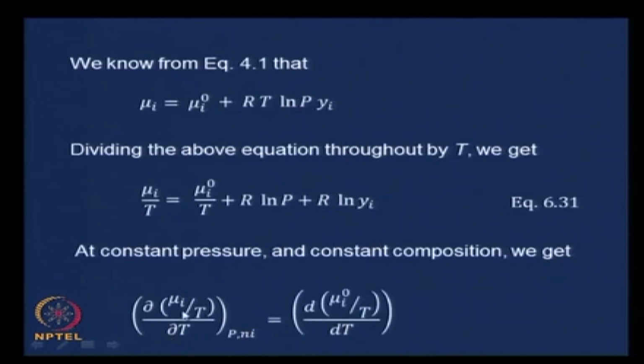So, ∂/∂T of μi/T at constant P, Ni on the right hand side becomes d/dT of μi⁰/T, because that is a function of only the temperature. I have taken the total derivative here, and these two are constants, and therefore they are not functions of temperature, and their derivatives go to 0. They are constant values as far as temperature variation goes. Let us call this equation 632.